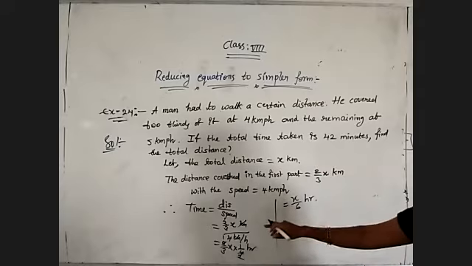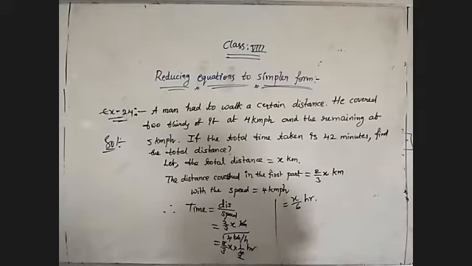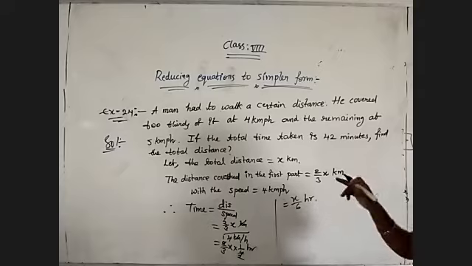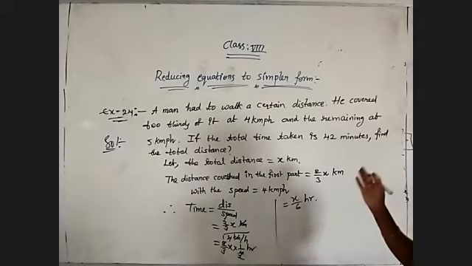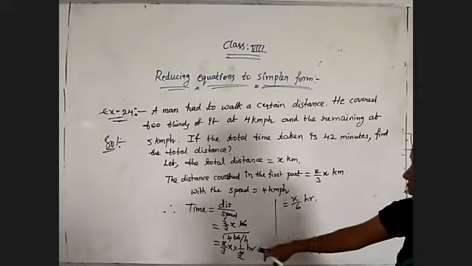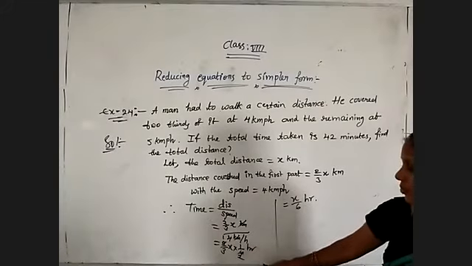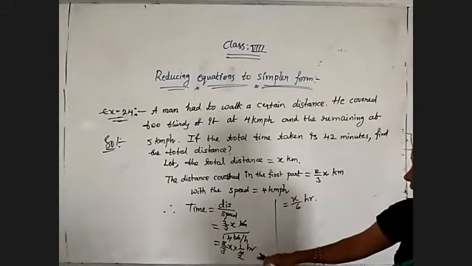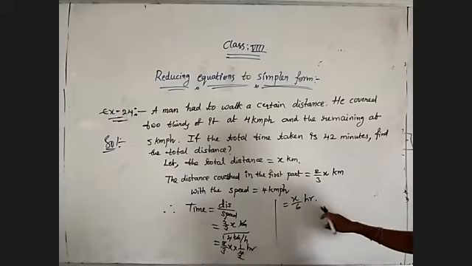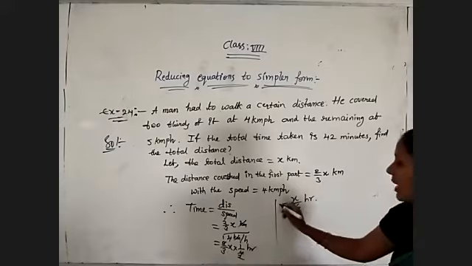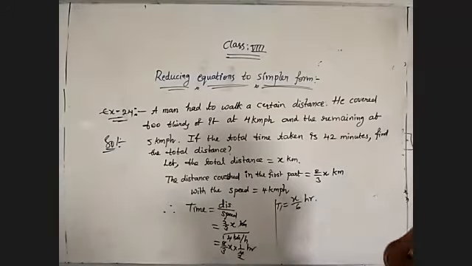Distance is 2/3 of x by speed 4 kilometers per hour. Kilometers will get cancelled. Hour comes into the numerator. So 2/3 x into 1/4 hours. 2 ones are 2, 2 twos are 4, that is 1 x by 3 twos are 6. x by 6 hours is the time taken for the first part.